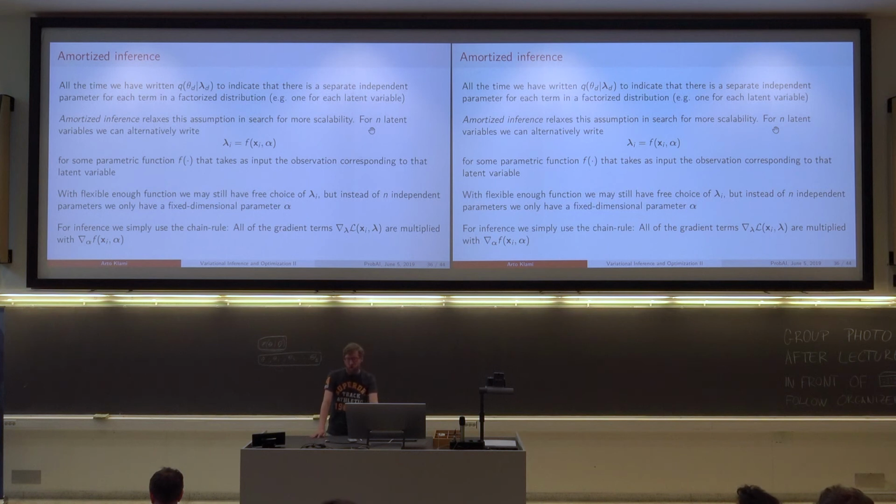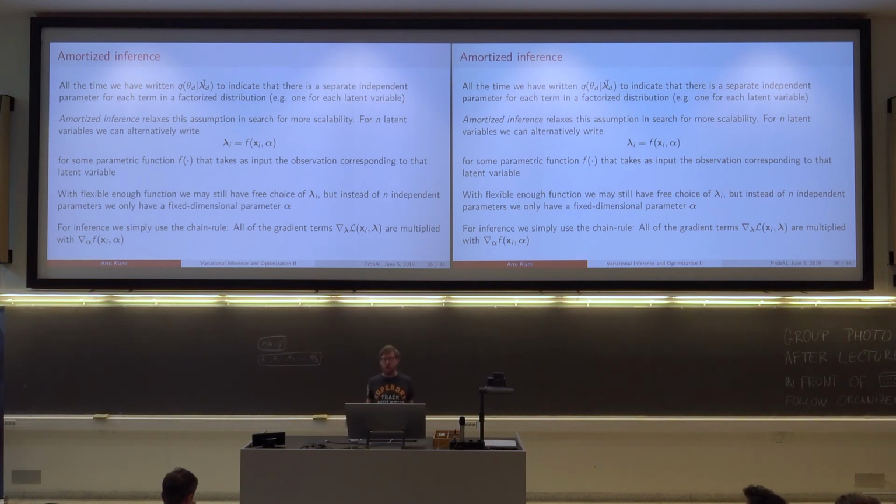Then let's go to one more thing. This is called amortized inference. It maps to both of these estimators, so it's kind of an orthogonal dimension. What we've all the time now been saying is that any term in your approximation is parametrized directly by some lambda. Let's say you have a normal distribution, it's parametrized by its mean and variance.